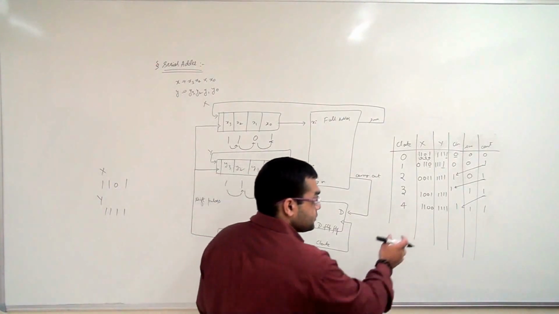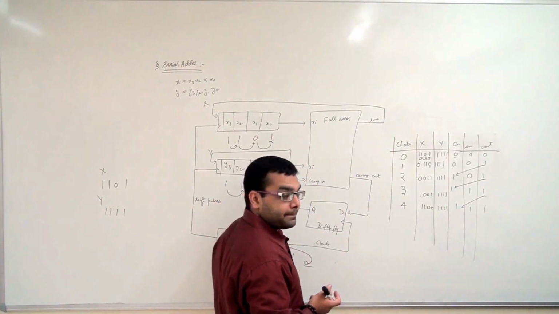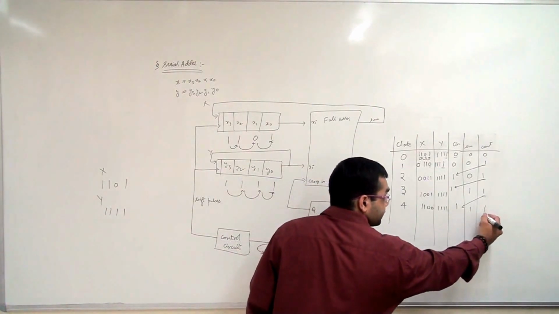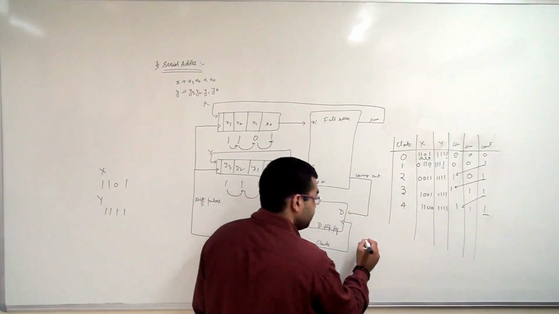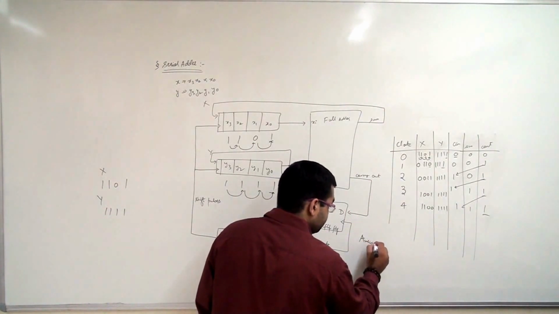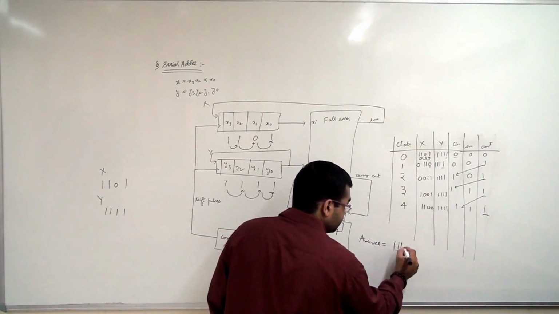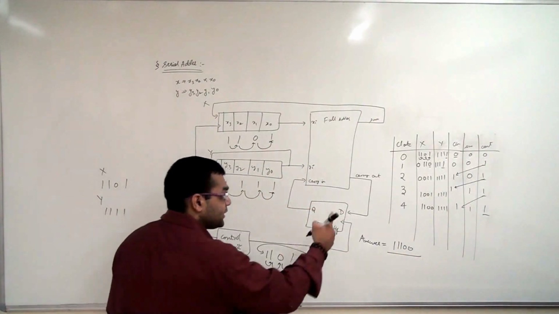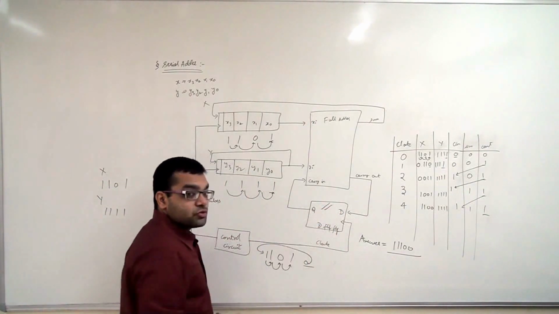Alright. So this is what we get. What happens is, our final answer is the combination of C out and the sum. The output carry that is generated in the last stage will be stored into the D flip flop.